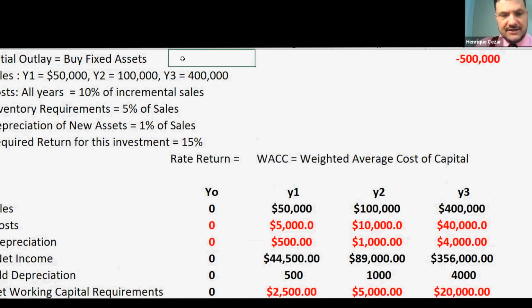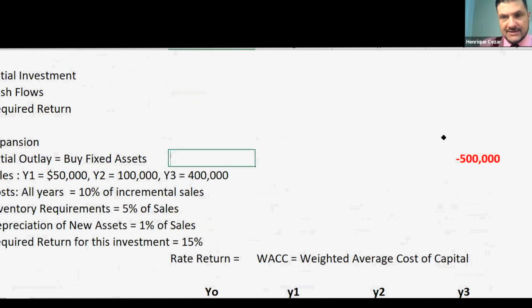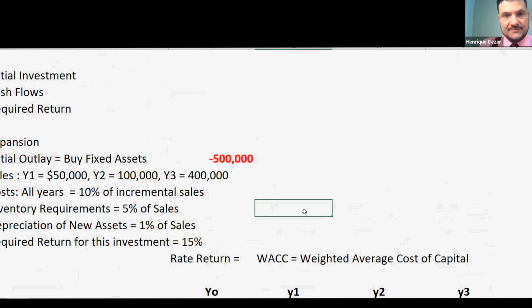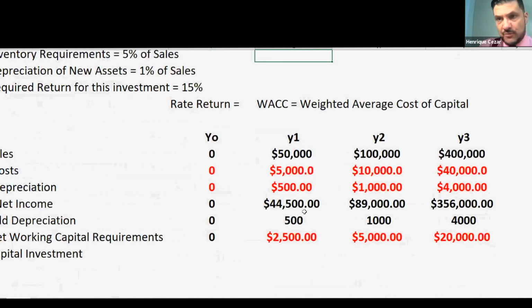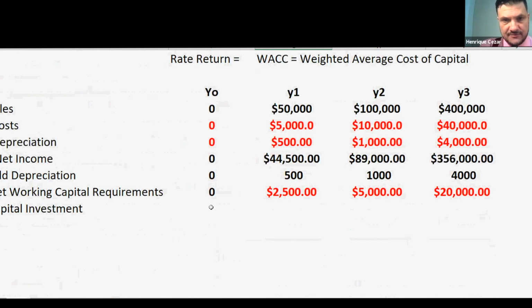I think I gave you that number. It was an initial investment, an expansion that requires 500,000 in fixed assets. According to the problem, this is done in year 0. So here you put minus 500,000.